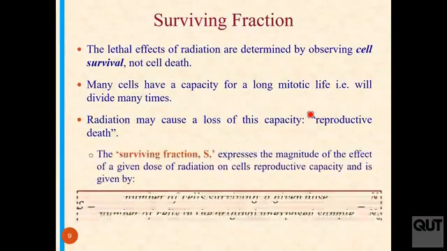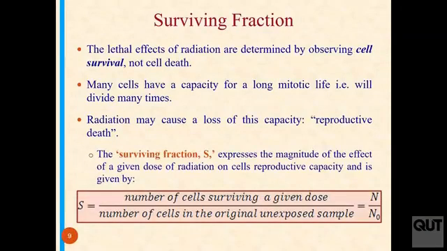The lethal effects of radiation are determined by observing cell survival, not cell death, and this is generally worked out with cells in a petri dish. A lot of cells have capacity for a long life and will divide many times.